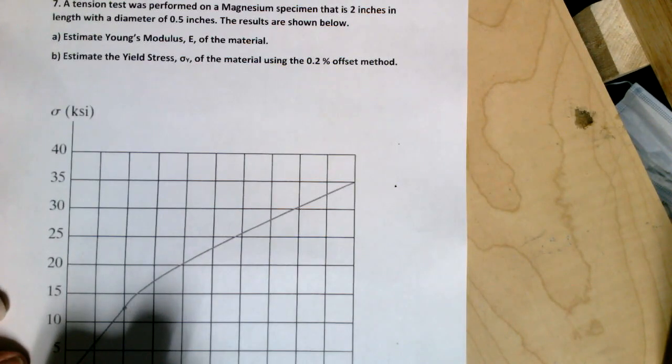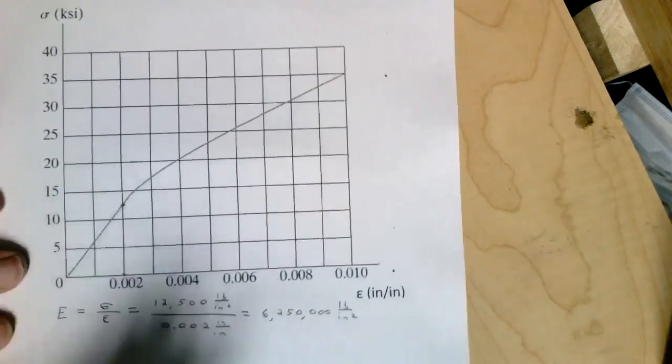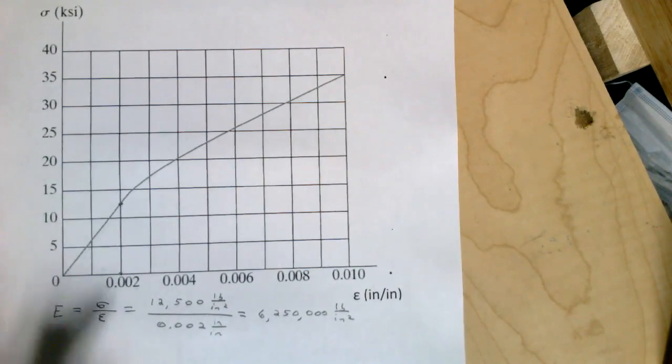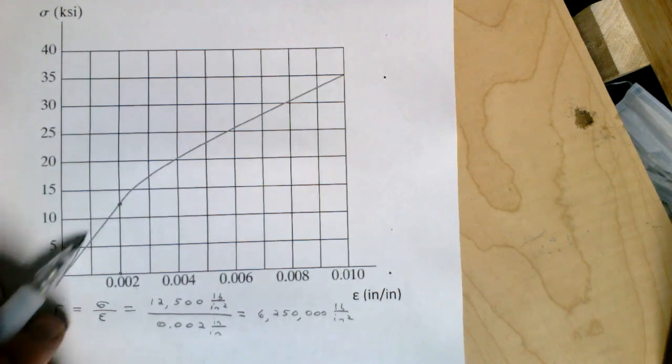So what you want to do is start down here at 0.002 and make a line parallel to this first proportional region.